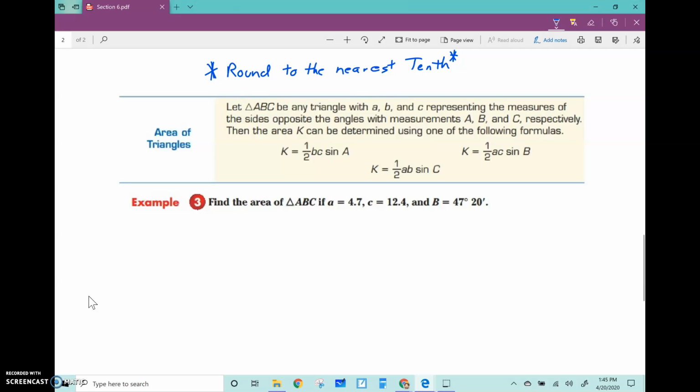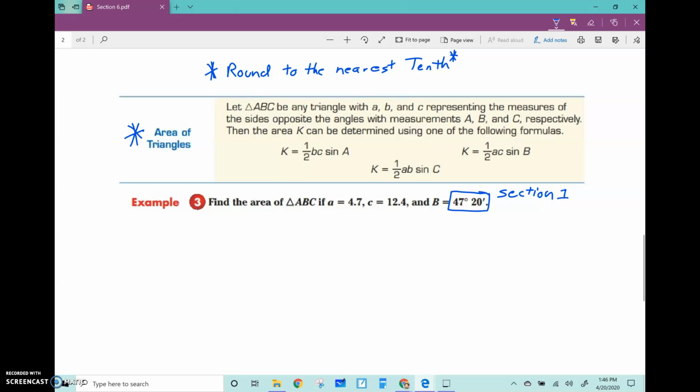All right, example 3, we're going to be looking at using the area of triangles formulas. Okay. So first step is if you look at one of our angles, you can see that we have this, and we need to convert it. So in section 1, we did this.